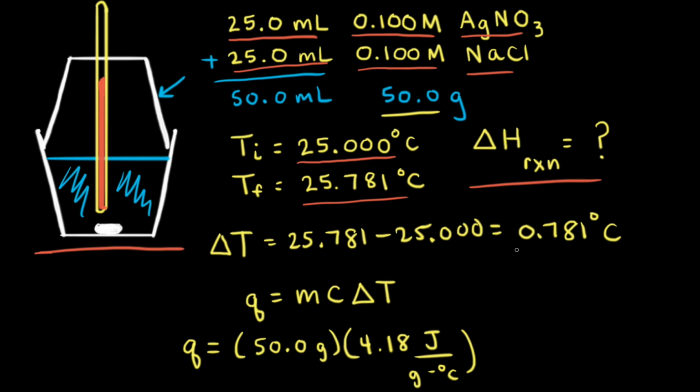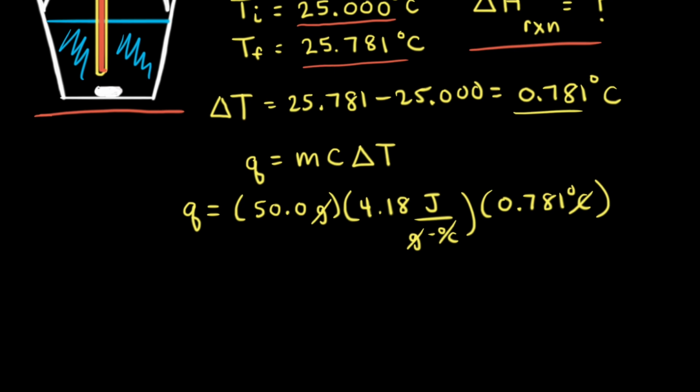And the change in the temperature of the solution was 0.781 degrees Celsius, so we can plug that in as well. Grams cancels out, degrees Celsius cancels out, and we find that q is equal to positive 1.63 times 10 to the second joules.